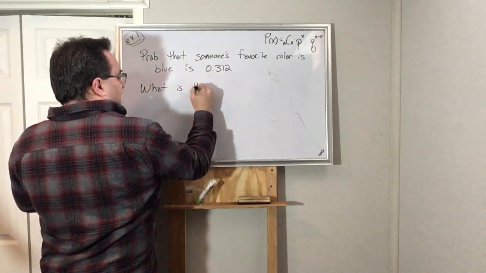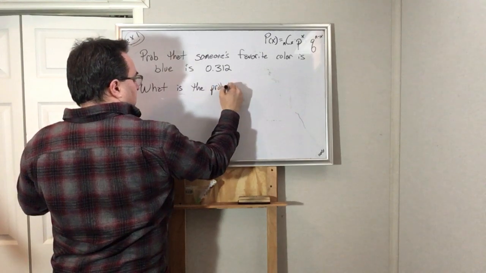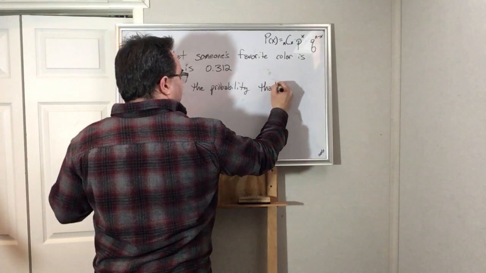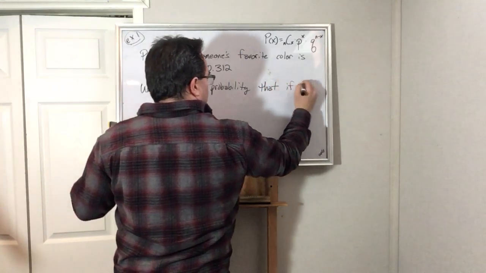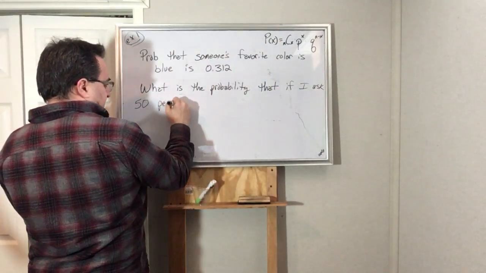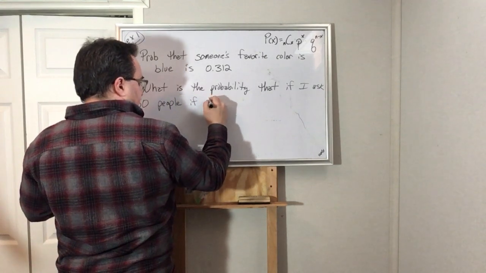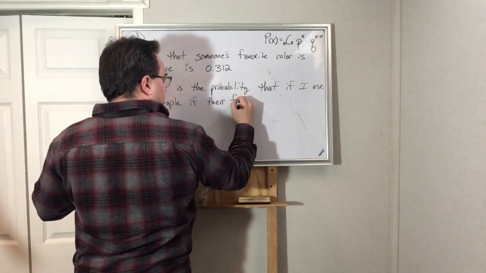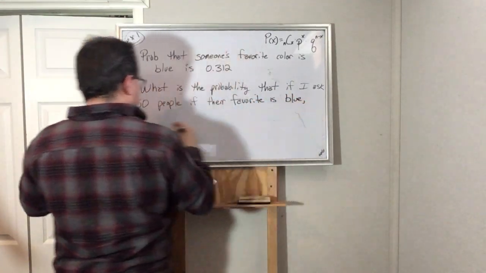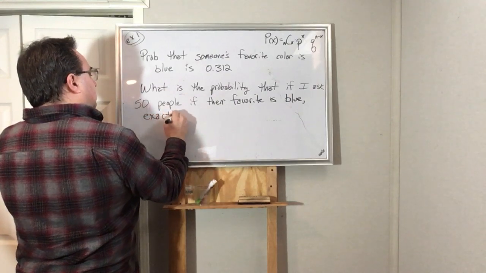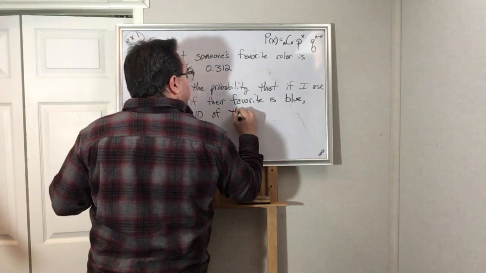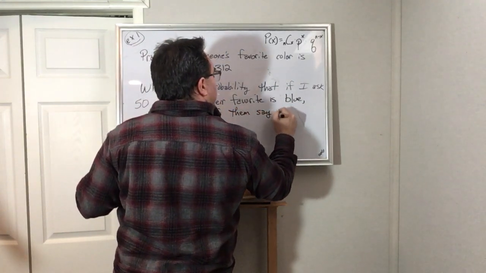What is the probability P of x that if I ask 50 people if their favorite color is blue, exactly 10 of them say yes.